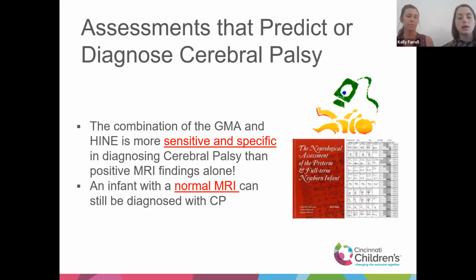If there's some form of bleeding or some abnormality within the brain, we're seeing it there within the positive MRI. And this is really important because some infants can have a normal MRI, so an MRI that is not showing any injury to the brain, but still be diagnosed with CP. This is because if the MRI was taken at a time where the injury wasn't becoming present, we could miss it. So this is a very important part.